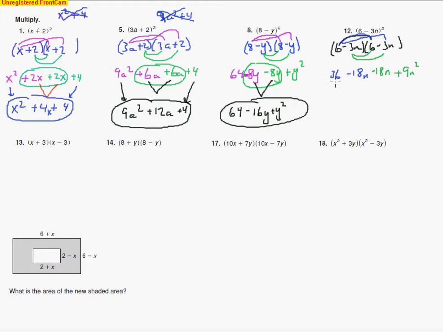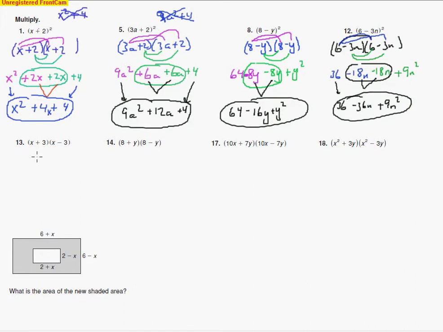So from that point, bring down this 36, collect these two terms. Again, they're the same sign, the same number, so we add them together. That gives us a negative 36n. And then we bring down that 9n squared. And there's our answer.